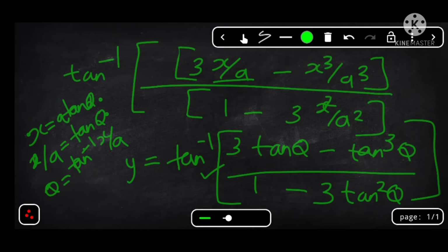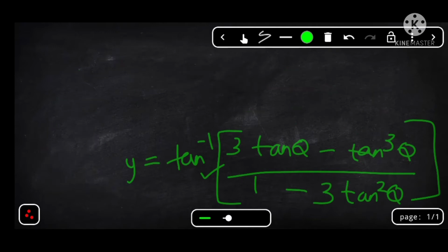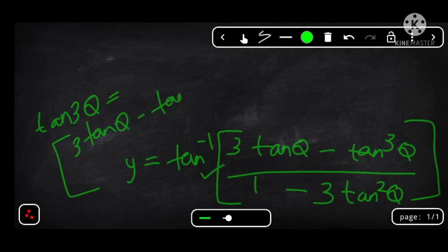Now see this equation, 3 tan theta minus tan cube theta divided by 1 minus 3 tan square theta. Actually, this is equal to tan 3 theta, which equals 3 tan theta minus tan cube theta divided by 1 minus 3 tan square theta.